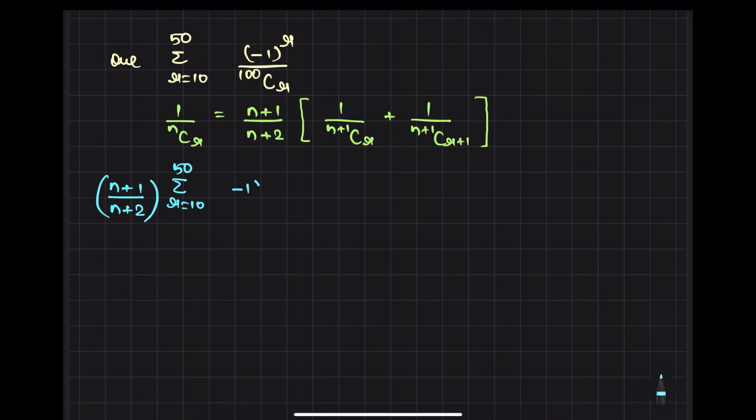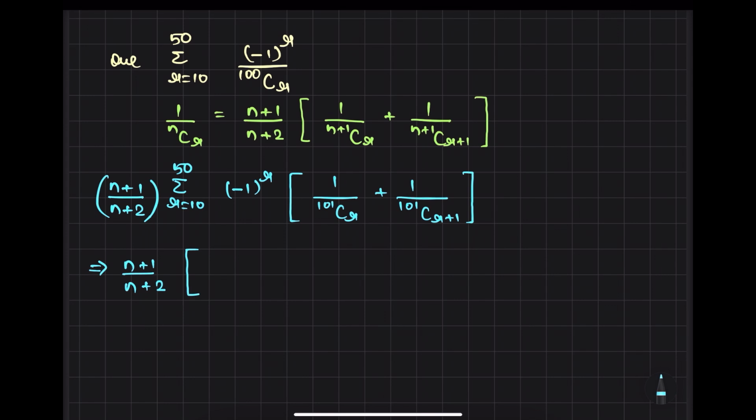Now minus 1 power r, and then we have 1 by, so it is 100, so can I write 101 Cr plus 1 by 101 Cr+1. Now start substituting the values. So we will get n+1 by n+2.